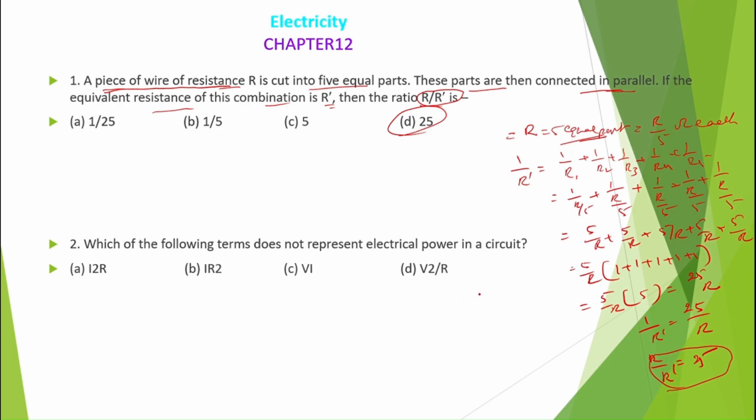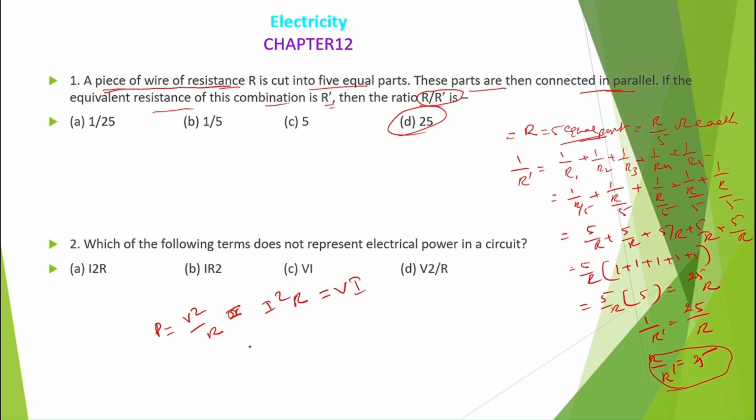Okay. So next question is, which of the following terms does not represent electrical power in a circuit? So we know the electrical power formula: P is equal to V square by R, P is equal to I square R, P is equal to VI.